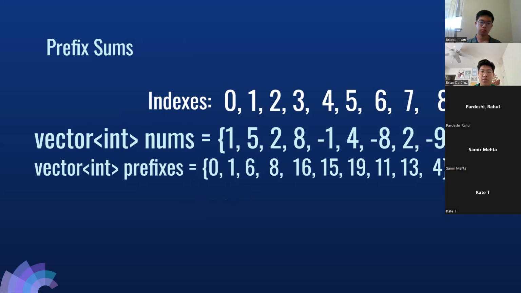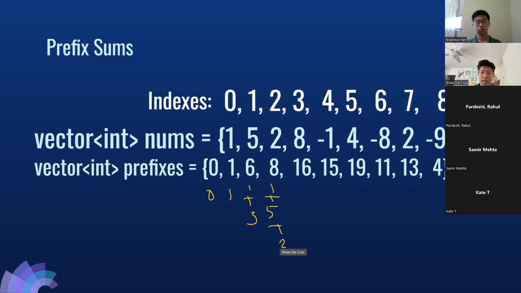So let me change my color again. You can see that 1 plus 5 makes 6, 6 plus 2 makes 8, 8 plus 8 makes 16, 16 minus 1 is 15, plus 4 is 19, and we just construct the entire array from beginning to end, okay? I just want you to observe something important. This is 0, this is 1, this is 1 plus 5, this is 1 plus 5 plus 2, right?